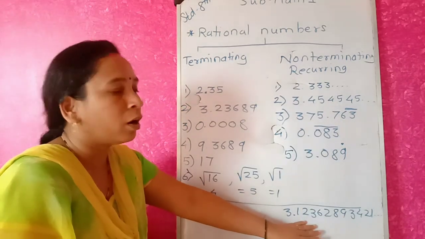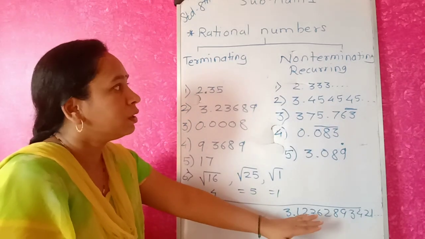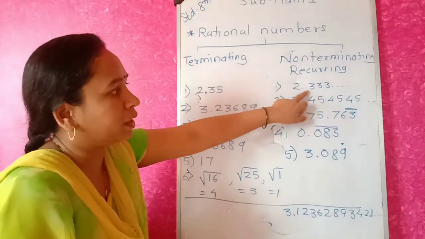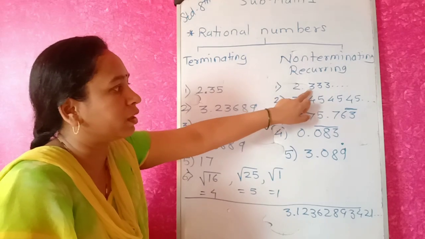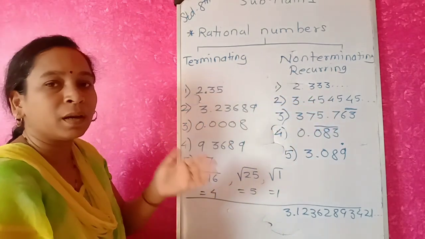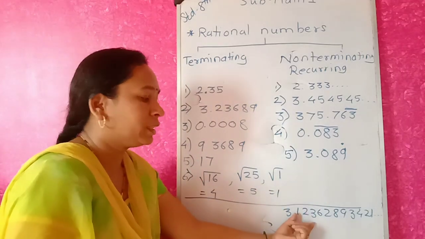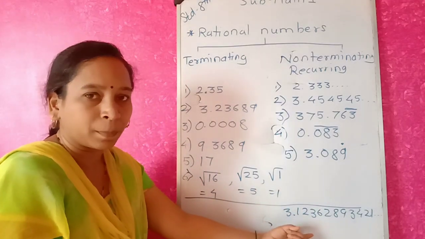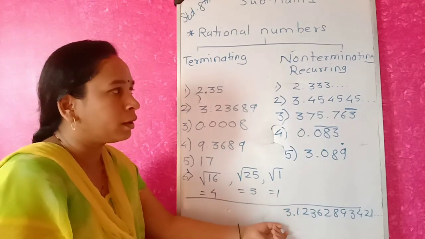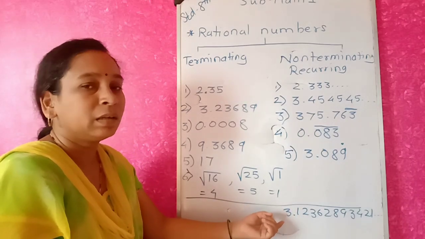These are called non-terminating, but here it is non-recurring also. Recurring means the digits are repeating in a proper pattern. But here digits are repeated but not in a proper pattern. Such examples are called non-terminating and non-recurring.